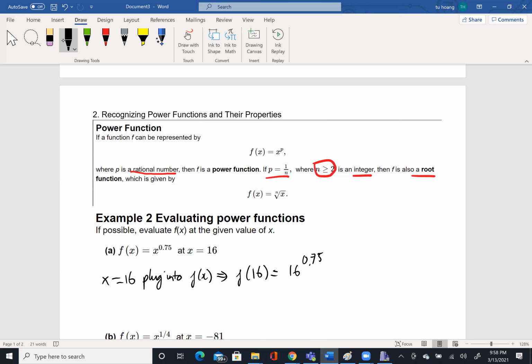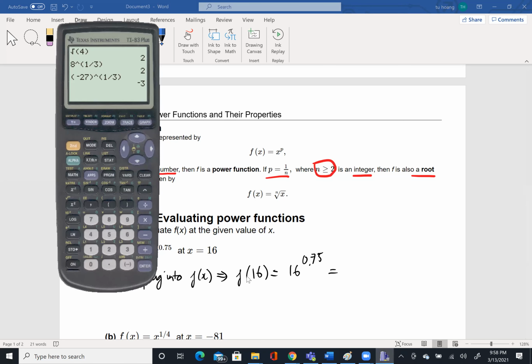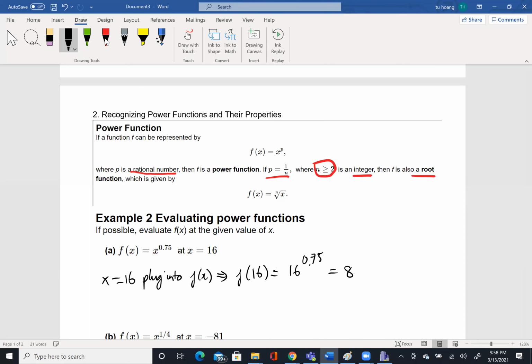How can you calculate this? You're going to use a calculator. So you have 16 to the power 0.75, and you get 8. 8 is gonna be the answer. Easy. For this problem, I would say just use the calculator. It's easiest.